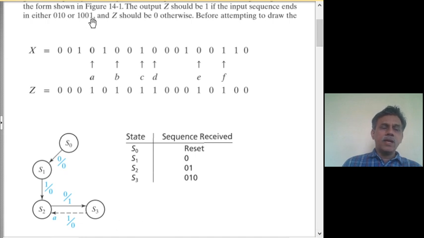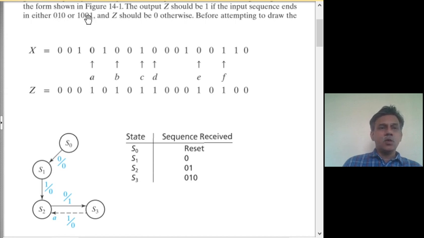While going to a state when the last 1 has occurred, we should look again: does it resemble a case which you have already handled, where the last 2 bits are 0, 1? That is very similar to the case of a 0, 1, 0 occurring.